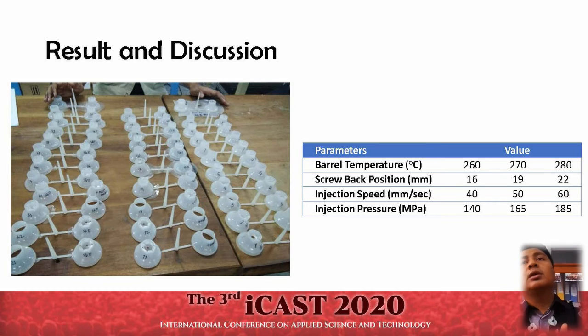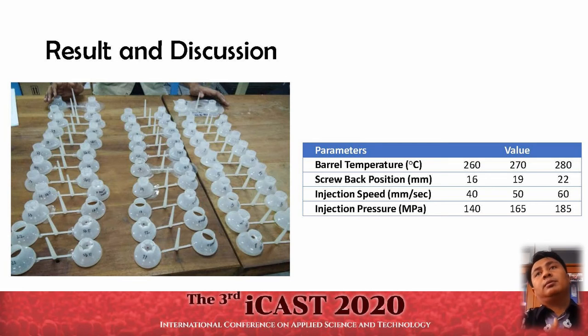We can define the parameters by categorizing three values for each parameter. In this case, the lower temperature is 260 degrees Celsius, level 2 is 270 degrees Celsius, and level 3 is 280 degrees Celsius.